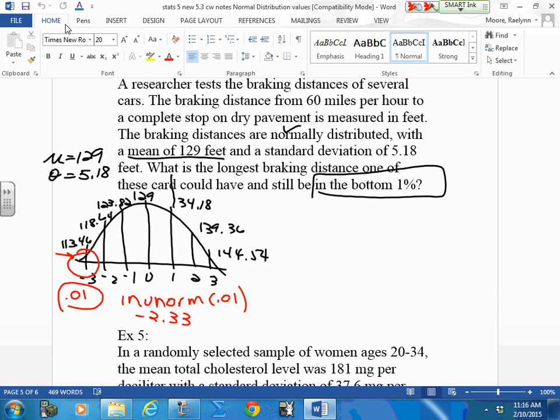Okay, then we're going to take your formula to find the value that is associated with that z-score. I know approximately where it should be. It should be between those two values. So I plug this in. The negative takes care of it, your z times standard deviation plus your mean. Plug that whole thing into your calculator and tell me what that x value is.